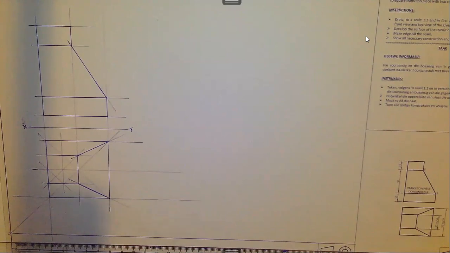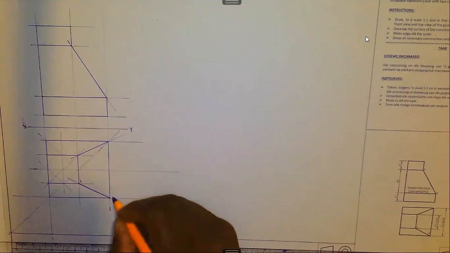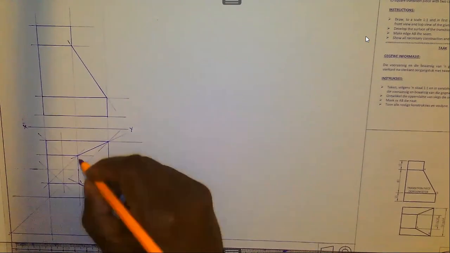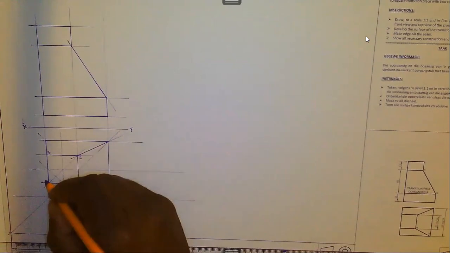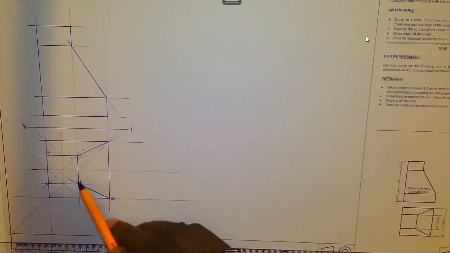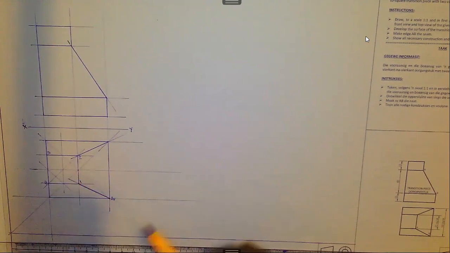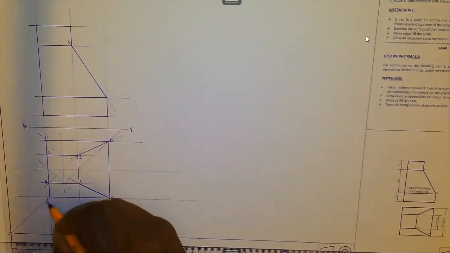So I'm going to change from A to B to 1 at the top and A at the bottom, such that I have this point number 2, this point number 3, this point number 4. So I've got 1, 2, 3, and 4. This one, I will say it's B, C, and D, like that.